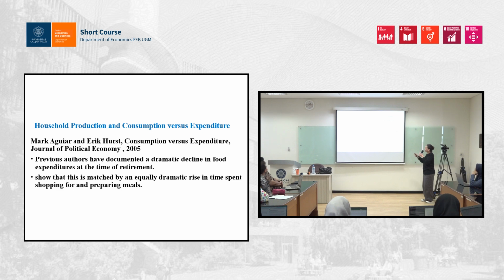I don't know if you have grasped what's going on in this literature. You can already imagine that the conclusion of this paper is that retired men spend more time producing some of the home production themselves and less time purchasing things from the market.